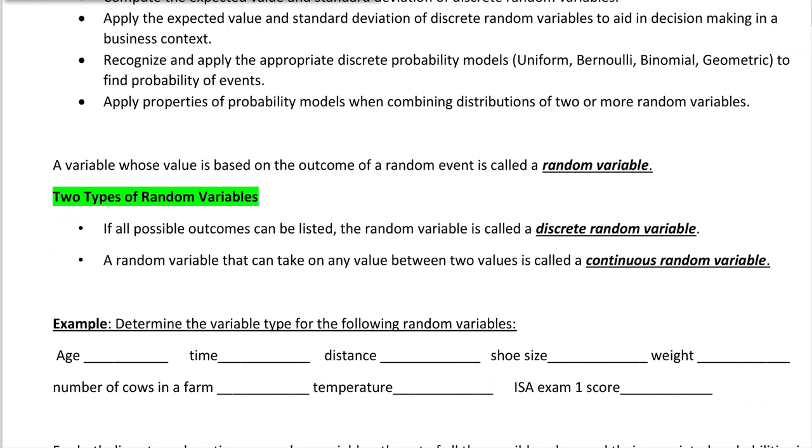We say the variable can be a quantitative variable or a categorical variable.